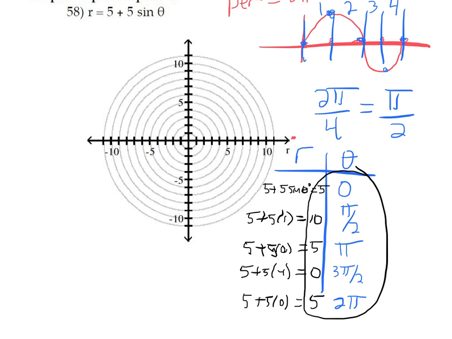So we're going to go in these directions: 0, pi halves, pi, 3 pi halves, and 2 pi. So at 0, we're out at 5. So we're starting here. Aiming in the pi halves direction, we're at 10.